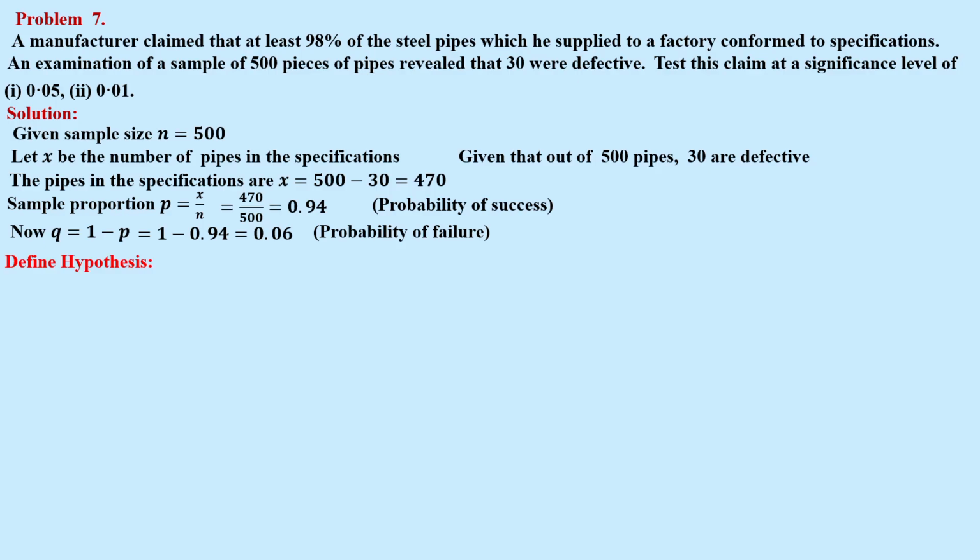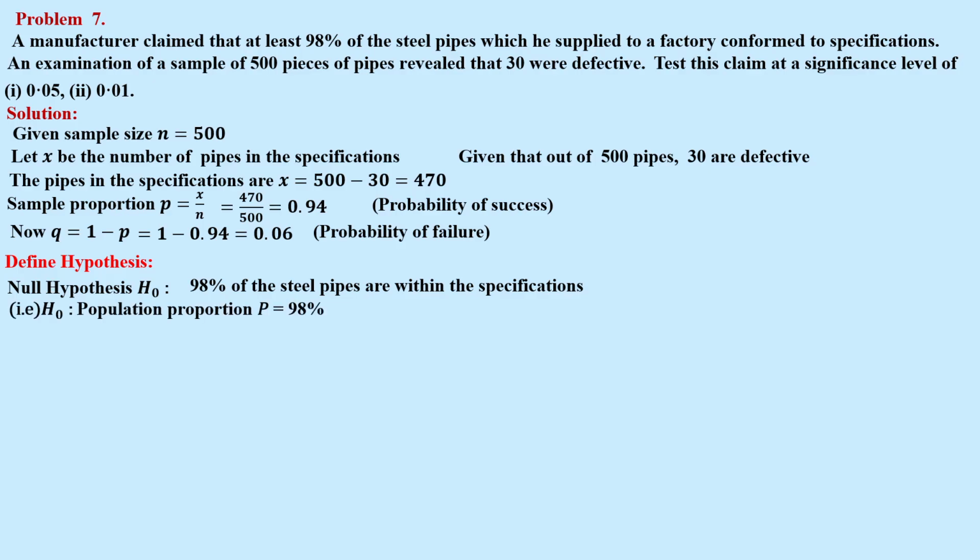Now we are going to define the hypothesis. Null hypothesis: 98% of the steel pipes are within the specification. That is population proportion capital P is equal to 0.98. Alternate hypothesis: population proportion not equal to 0.98.